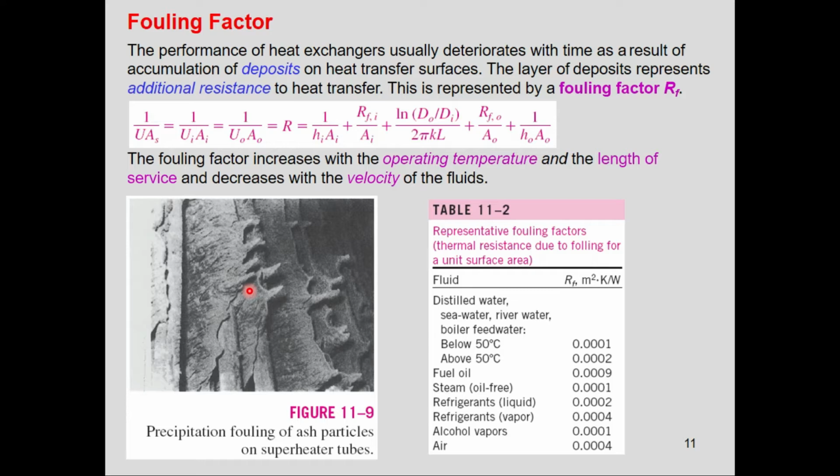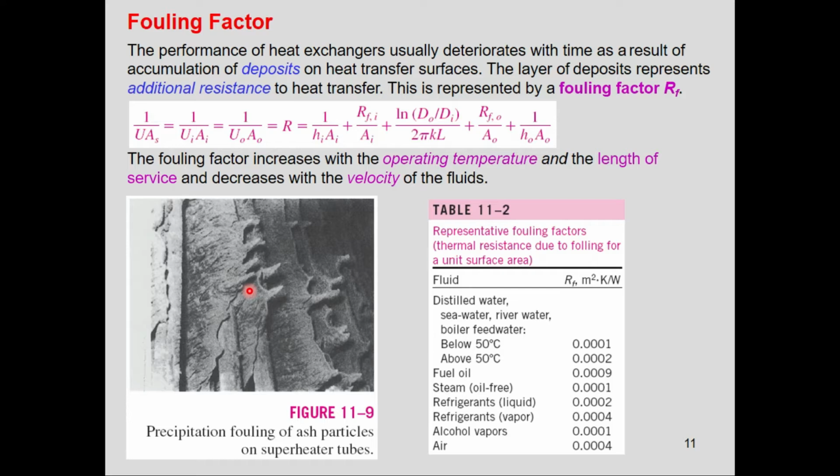This is because of the deposition of the salts on the inner or the outer surfaces of the tube. For example, if we have a double pipe heat exchanger, the surface which involves the transfer of heat is the inner surface, right?